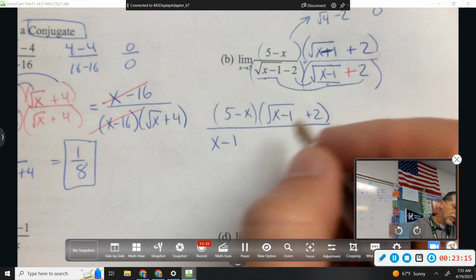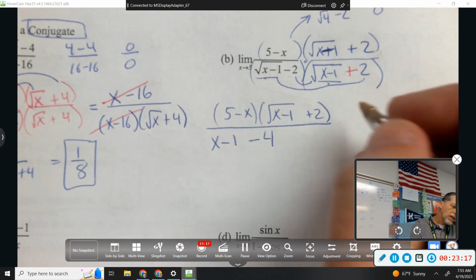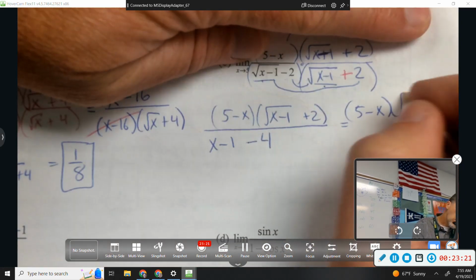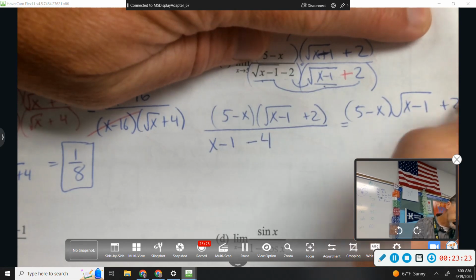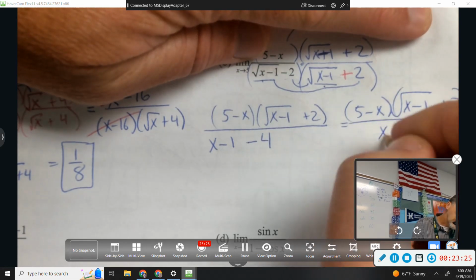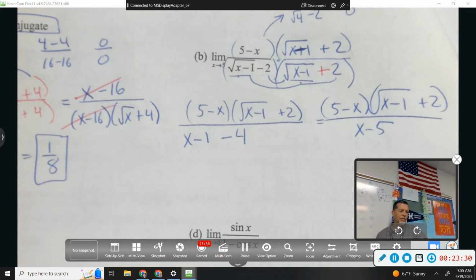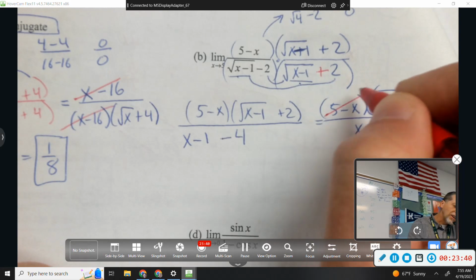And then negative 2 times 2 is minus 4. Oh, we've seen this before. Can I cancel 5 minus x and x minus 5? Right, sort of. If I know that they cancel to negative 1.